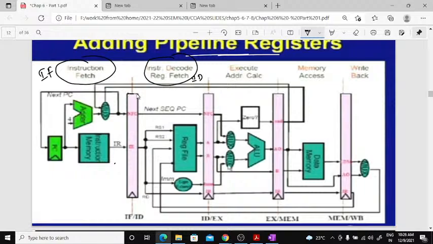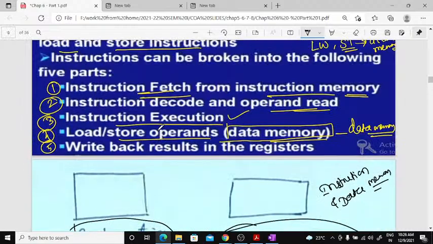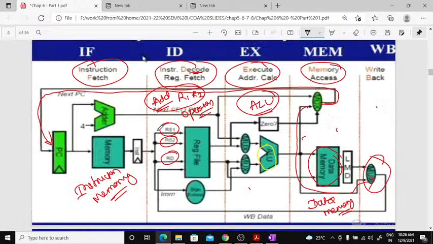So between them there is a latch circuit added here. Okay, between instruction fetch and instruction decode, a latch is added. It is the same diagram, but in the other one the latch is not there between instruction fetch and instruction decode.